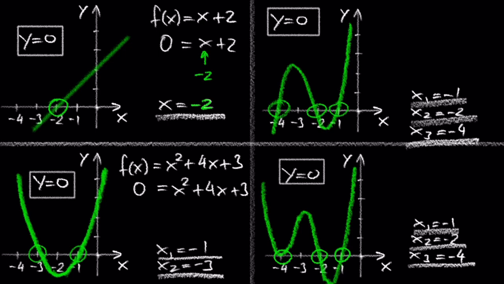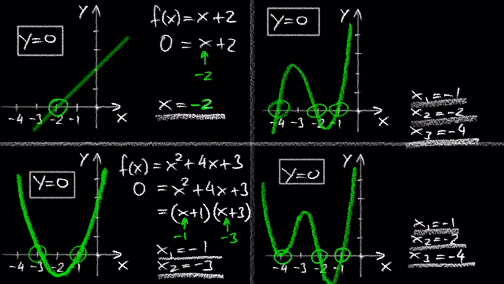So we can write x plus 1 in parentheses times x plus 3 in parentheses. Now we see immediately that when x equals -1 or when x equals -3, the equation is true.